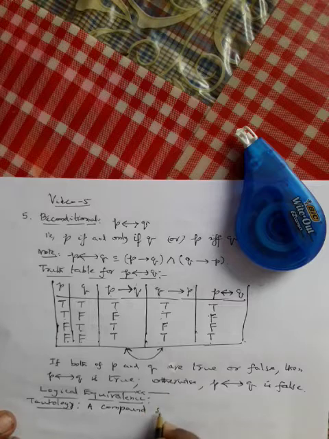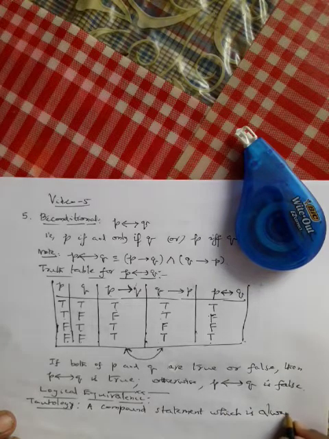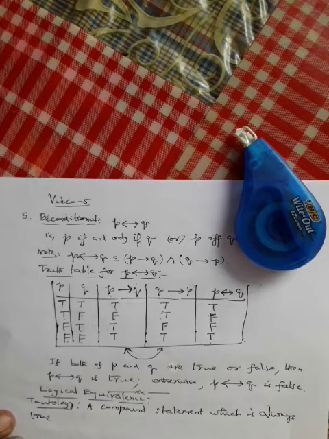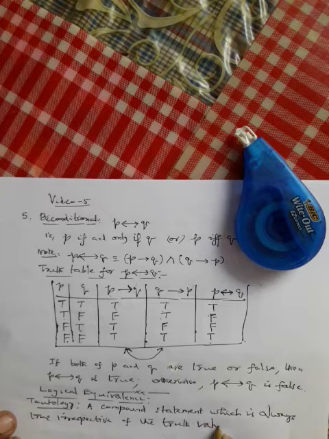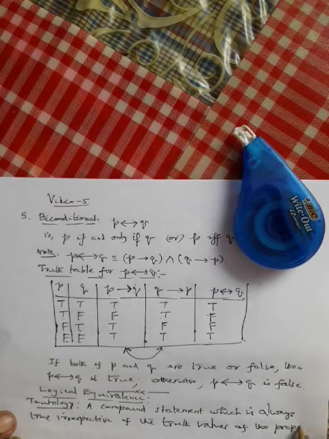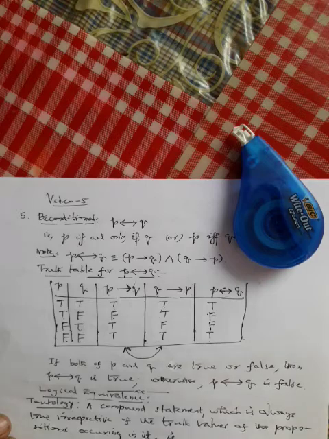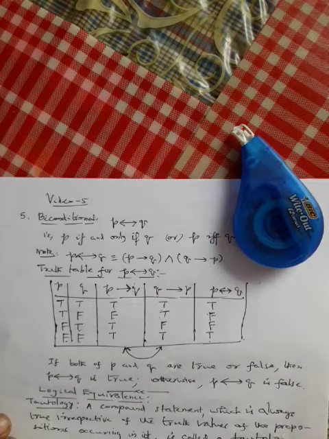A compound statement which is always true, irrespective of the truth values of the propositions occurring in it, is called a tautology.